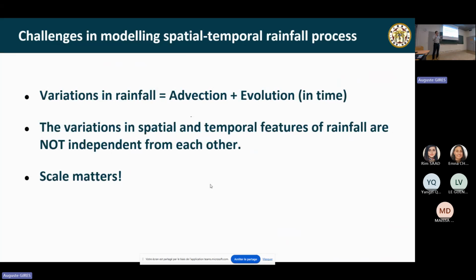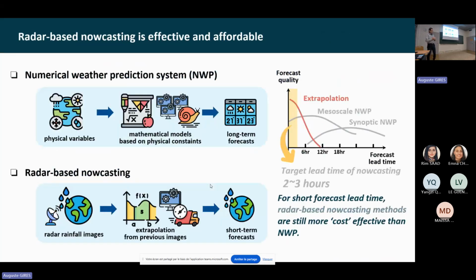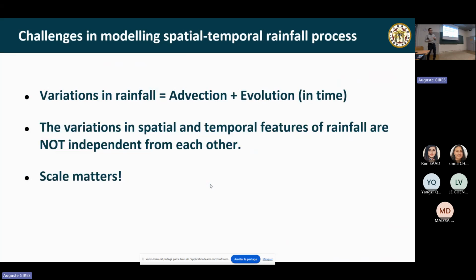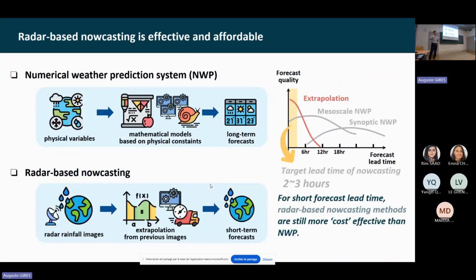That is, while it moves, the rainfall intensity, for example, or rainfall's properties also vary with time. For radar-based nowcasting, very often we only consider advection and ignore the evolution. That's also why the forecast skill decreases quickly. If you consider evolution, you have a chance to increase your forecast lead time.